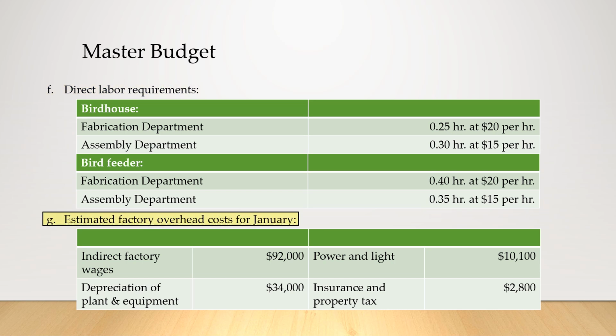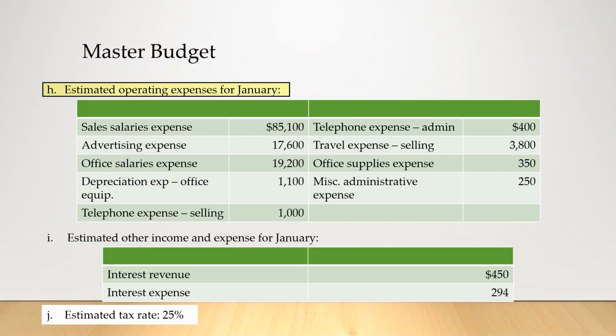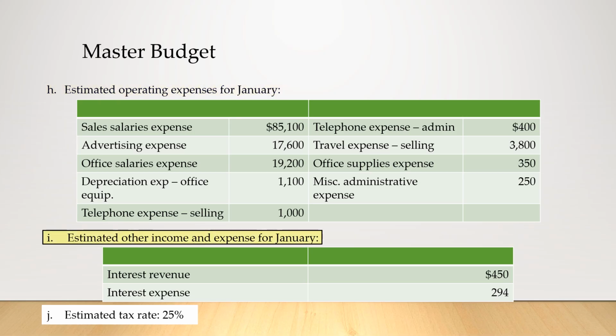Letter G gives us estimated factory overhead costs for January. Letter H provides estimated operating expenses budget for January. Letter I gives us estimated other income and expense for January. And letter J specifies an estimated tax rate of 25%.